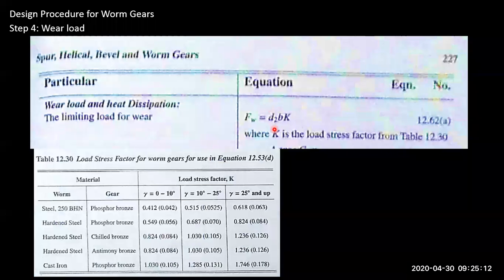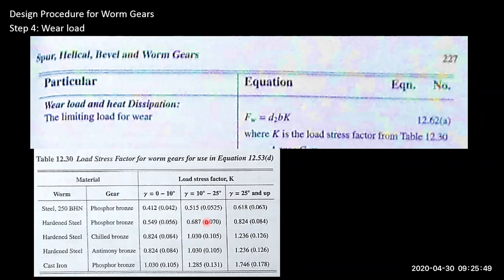It depends just on the worm gear diameter, B would have already been found, and K you find using this table here, 12.30D. It depends on the combination of worm and gear material, and on the helical angle of your worm, where it falls in this region.